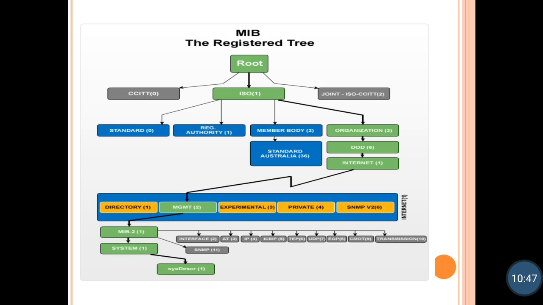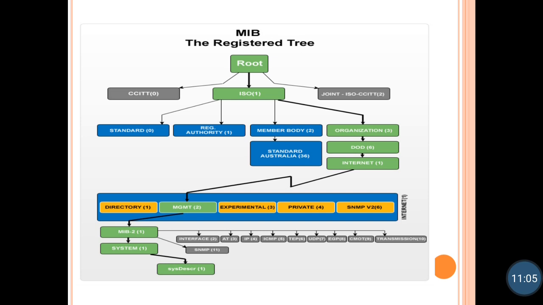As you can see in this diagram, from the root we have ISO. In ISO we move to organization, DOD, internet, all represented by the green symbols.